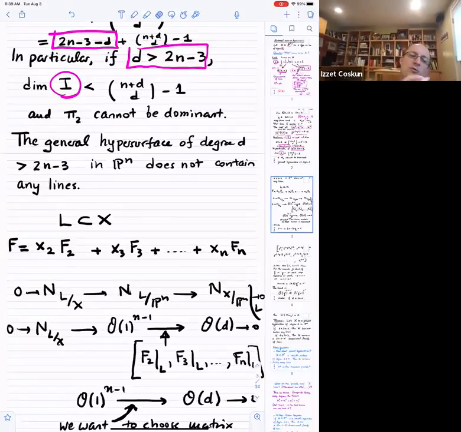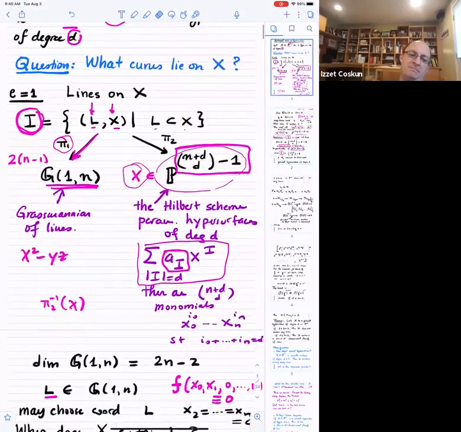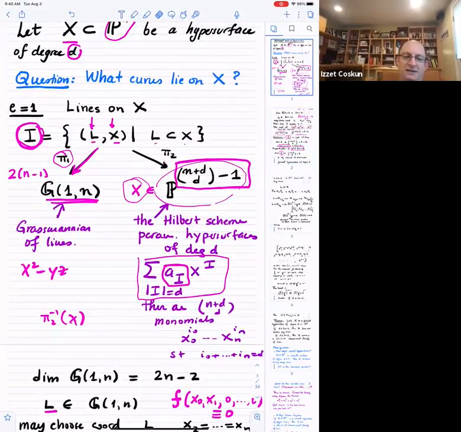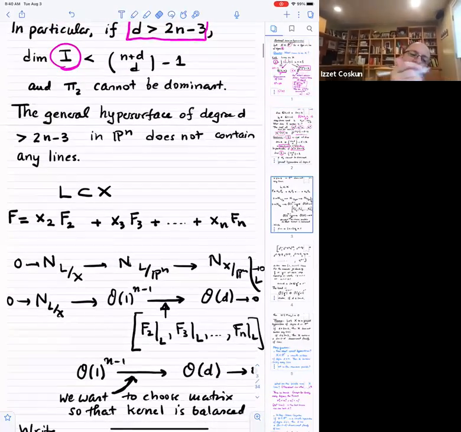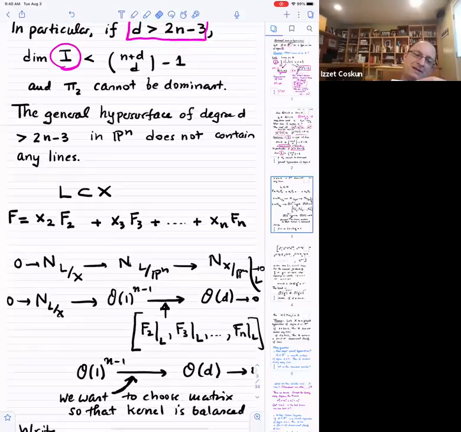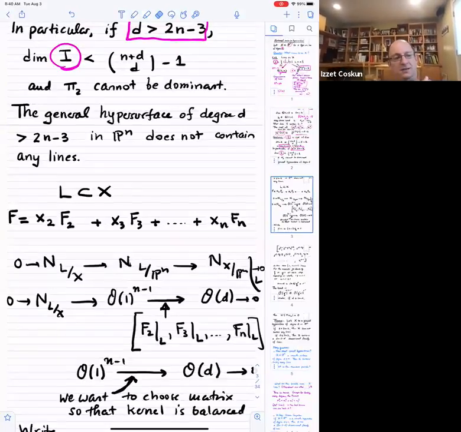If I take a random point here that misses the image, then the inverse image under pi2 is empty, so that kind of hypersurface contains no lines. So if d is bigger than 2n minus 3, the general hypersurface does not contain any lines. That's the first thing that we learn.